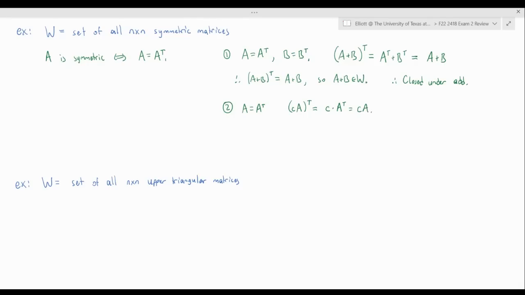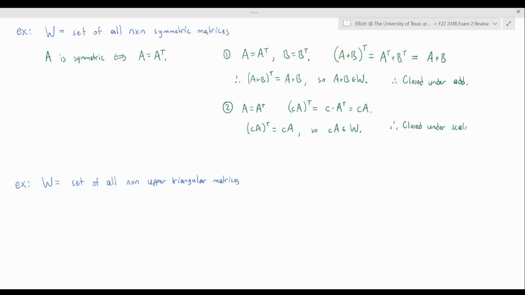So we've proven that the transpose of CA is equal to itself. So that means that CA is symmetric, meaning it would be inside of the set of symmetric matrices still. So here we're seeing that if you take a symmetric matrix and you multiply it by a scalar, the result is still going to be a symmetric matrix.